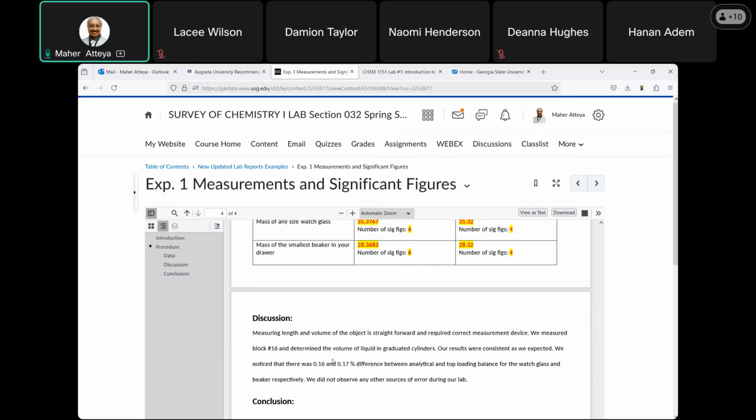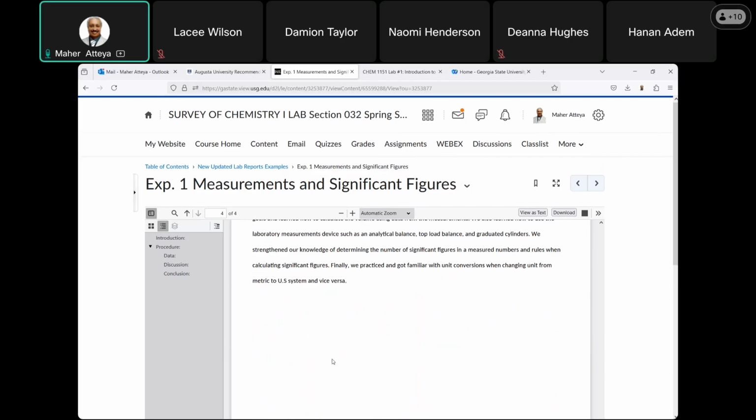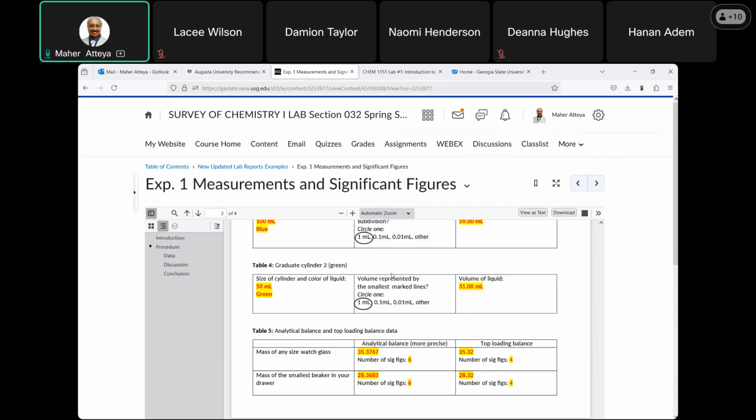Then you discuss your data and the conclusion. In this case, because we are not doing the actual experiment, after the conclusion will come all the rest. Let's see what we have after the conclusion.